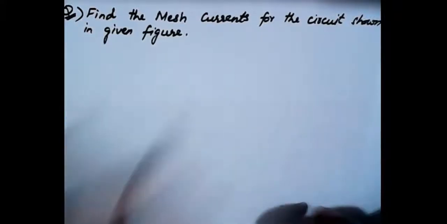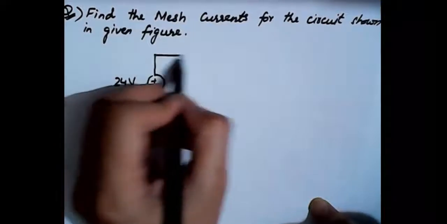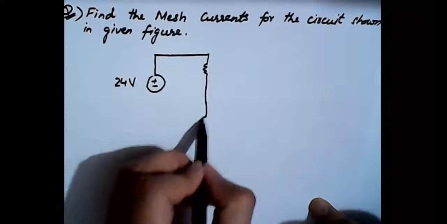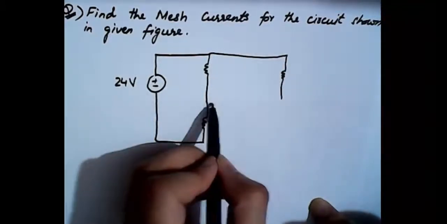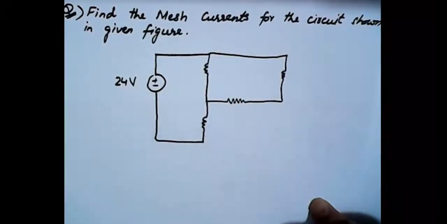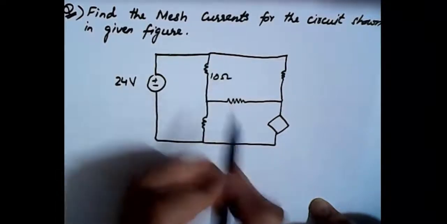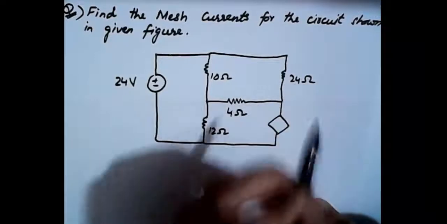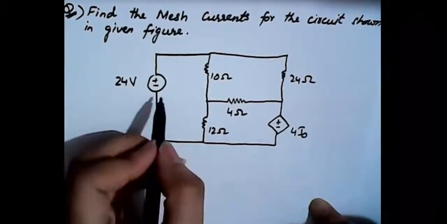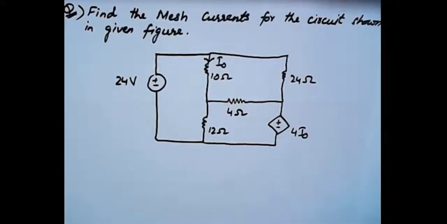Find the mesh current for the circuit shown in the given figure. Let me draw the circuit now. Right, so this is our circuit for the second practice question.